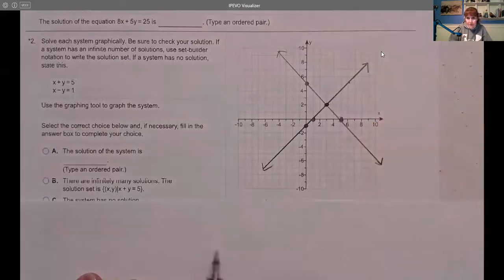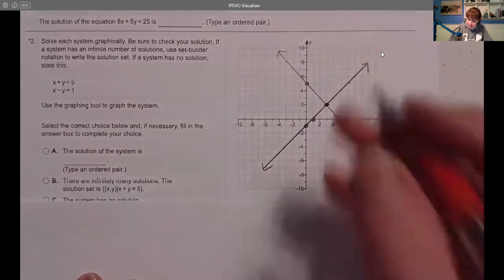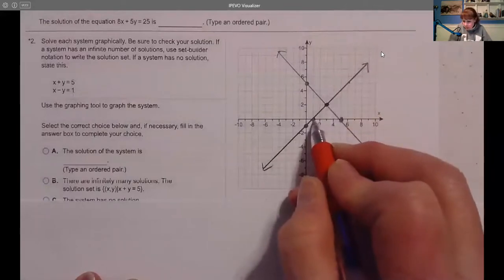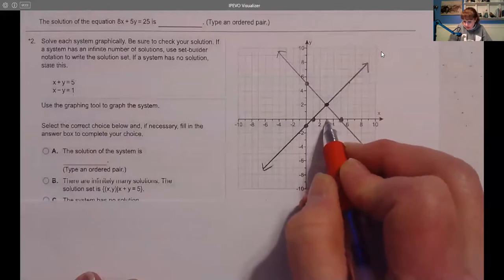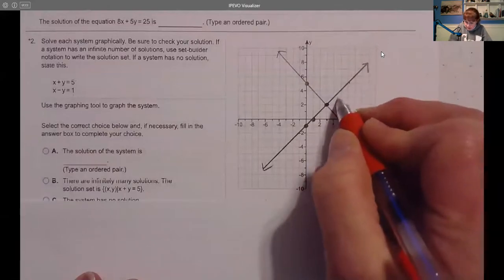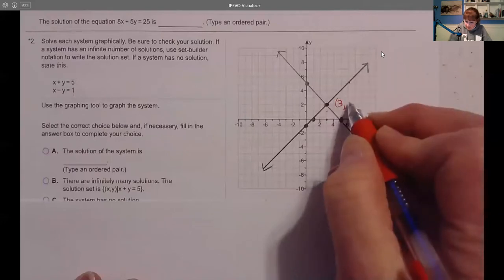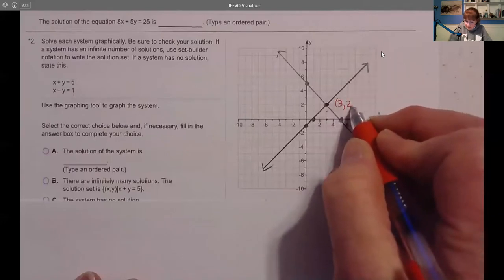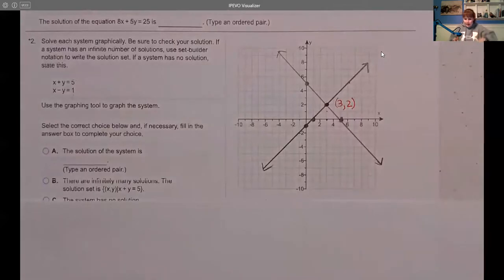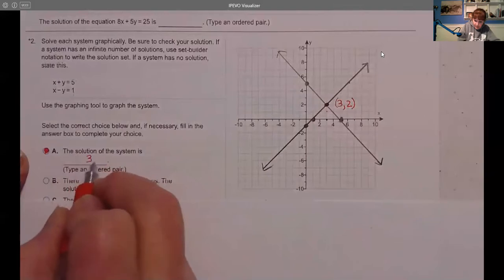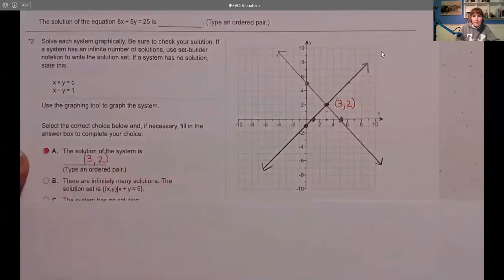So the point of intersection is our solution to both. What is that point? We've got 1, 2, 3, and then we go up 2. So (3, 2), the ordered pair (3, 2), works in both of those.